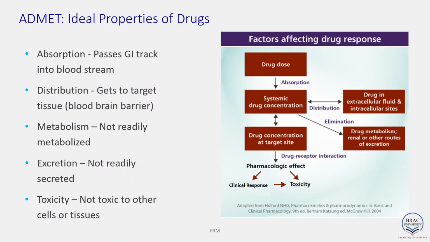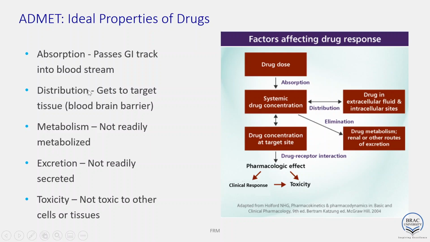Then it also needs to stay in the plasma for a certain amount of time so that it can carry out its pharmacological action. If that time is low, that means the drug is highly metabolized, and it is not remaining in the blood for a sufficient amount of time.